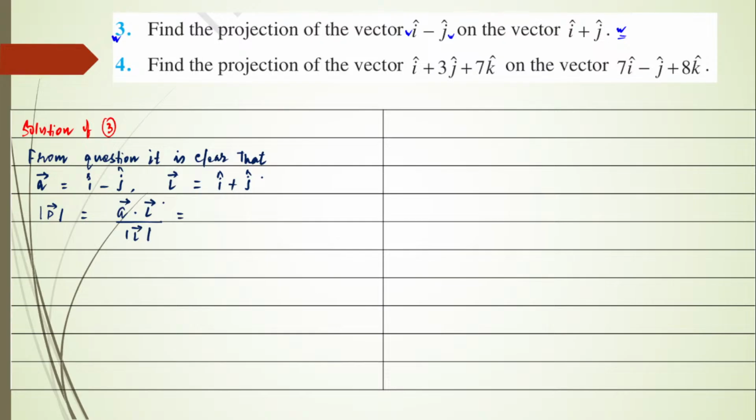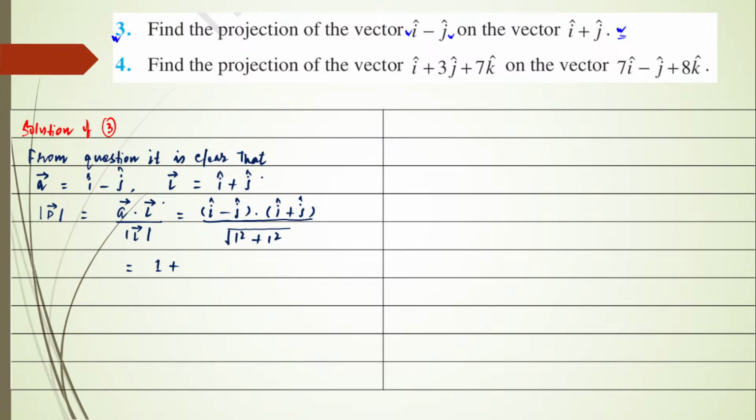So put here unit vector i minus unit vector j dot unit vector i plus unit vector j by magnitude of vector L. It means 1 square plus 1 square under root. The next step: unit vector i into unit vector i equals 1, unit vector i into j equals 0.